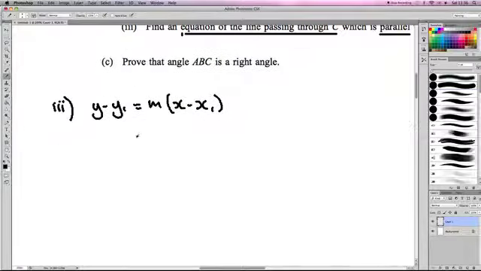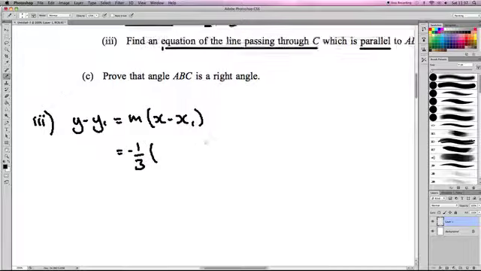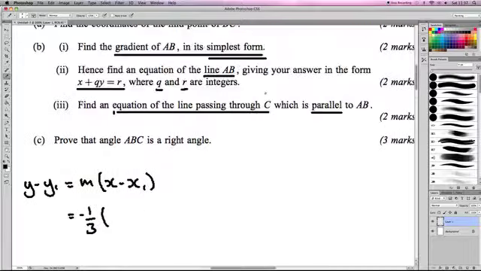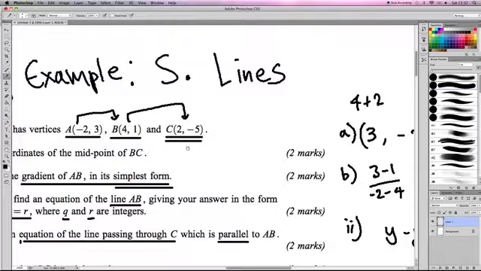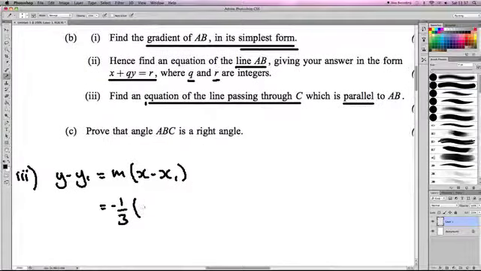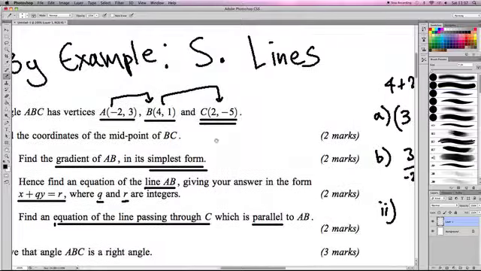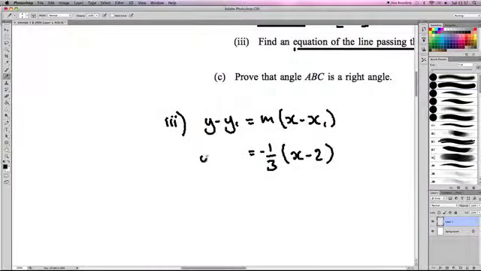The word parallel should tell you that you need to work with the same gradient, and this is where C is important. You're going to be using the C coordinate instead. So parallel line passing through the coordinate C. So it's going to be x minus 2 and then y minus minus 5 or y plus 5.